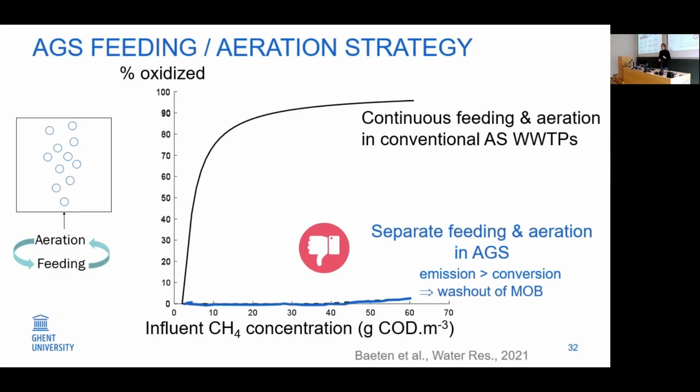If we look at the aerobic granular sludge systems, it's quite disappointing. It's very bad, actually. Hardly any methane is oxidized. And how come? This is exactly because the feeding is separate from the aeration. So what happens? You first have a feeding phase. Methane concentration builds up. There is no oxidation because there is no air at this moment. And at the moment that you turn on the air, all the methane is stripped from the reactor.